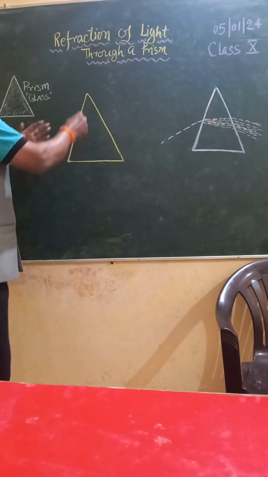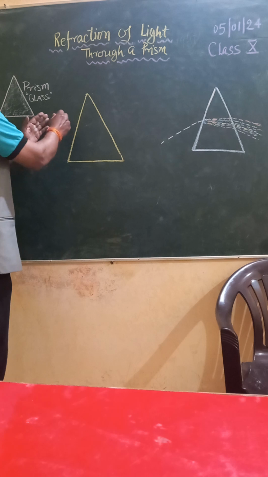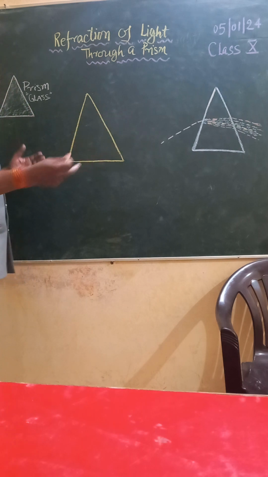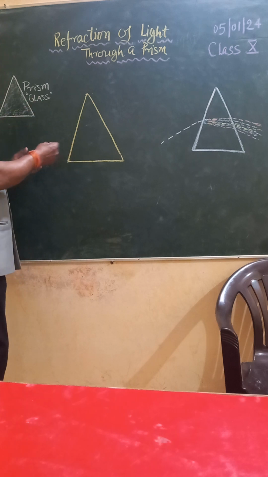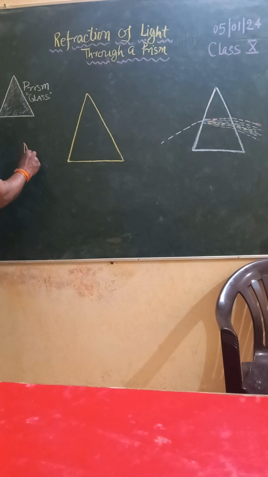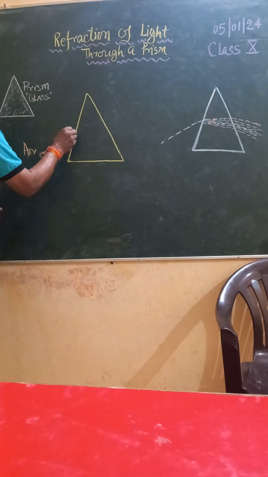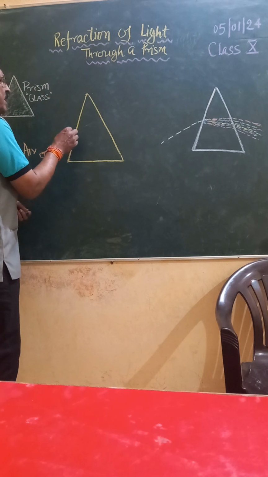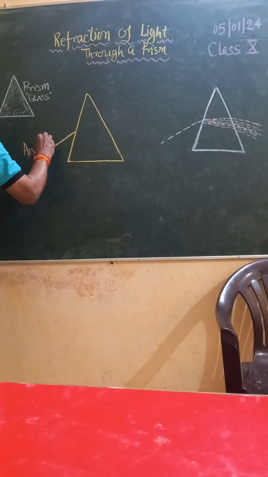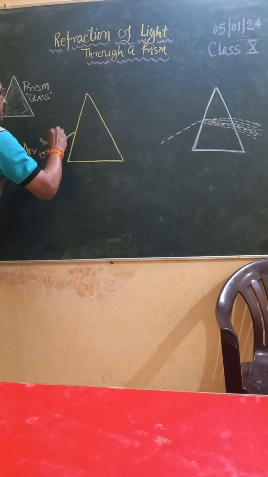Normally when you see a prism, outside it is an air medium. Wherever there is no obstruction, no medium, that means it is air. So here it is air. Now the basic theory: any incident light, when it falls on a prism, travels as a ray; this is called the incident ray.